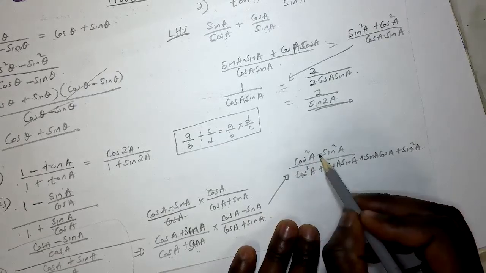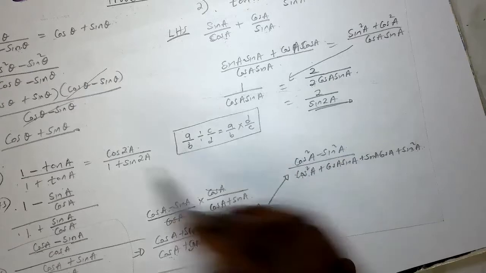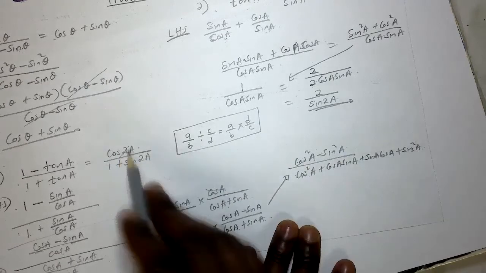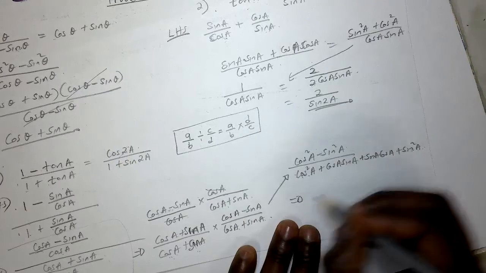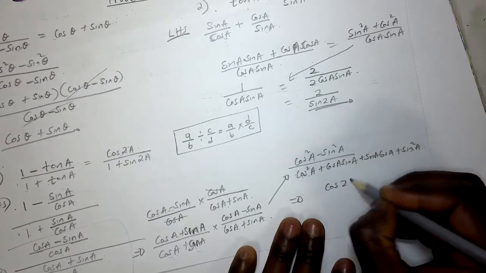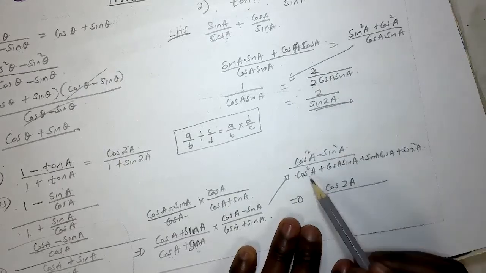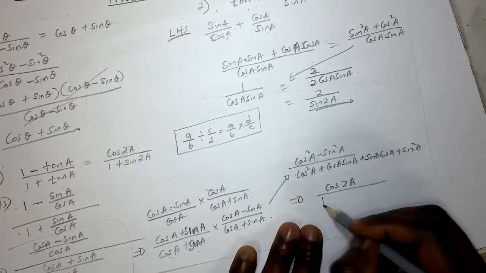Before we go there, cos squared A minus sine squared A is giving us what? Identical to cos 2A. That's our answer on top, cos 2A. Then the denominator gives us 1.